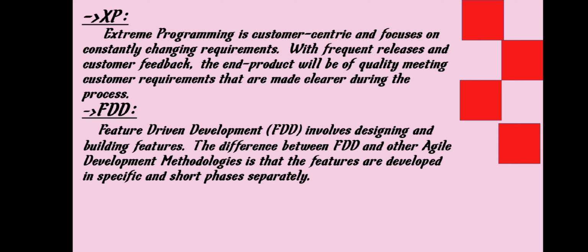With frequent releases and customer feedback, the end product will be of quality meeting customer requirements that are made clearer during the process. And then third, feature driven development. It involves designing and building features. The difference between FDD and other Agile development methodologies is that the features are developed in specific and short phases separately.